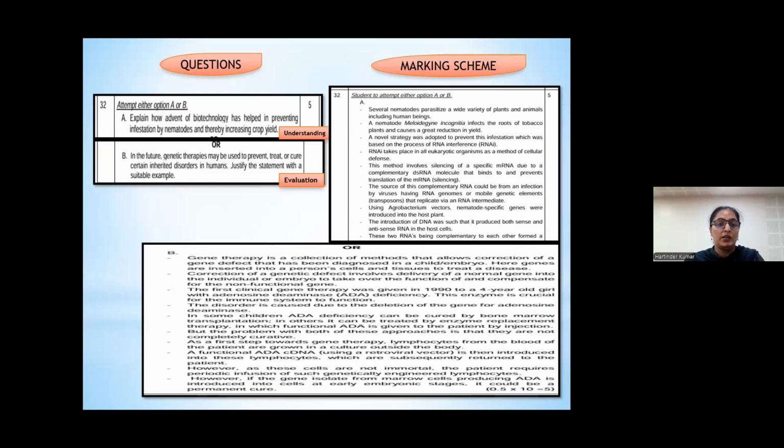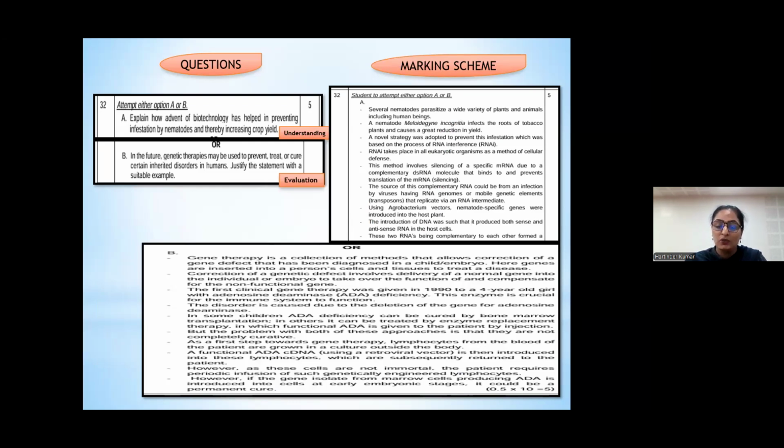Again, they have given a choice in the next question. That is, explain how the advent of biotechnology has helped in preventing infestation by nematodes and thereby increasing crop yield. In this, the child will remember that Meloidogyne incognita infects the root of tobacco.